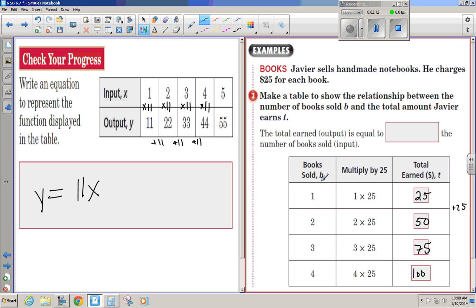But what you're looking at is the number of books being multiplied by 25. So the total earned output is equal to 25B. That means that if I sold 10 books, $250. 20 books, $500.